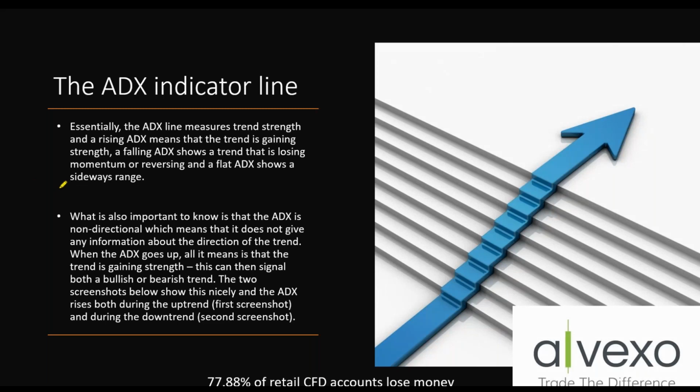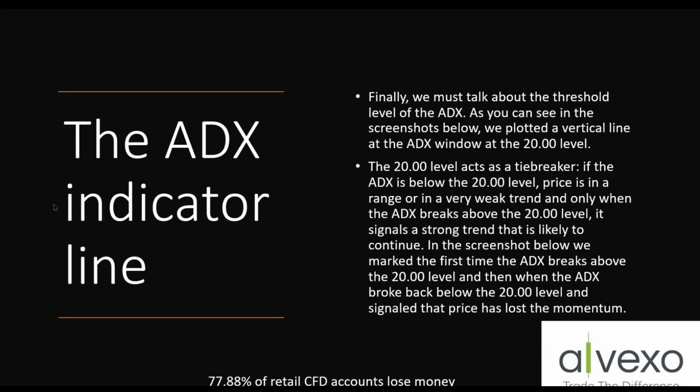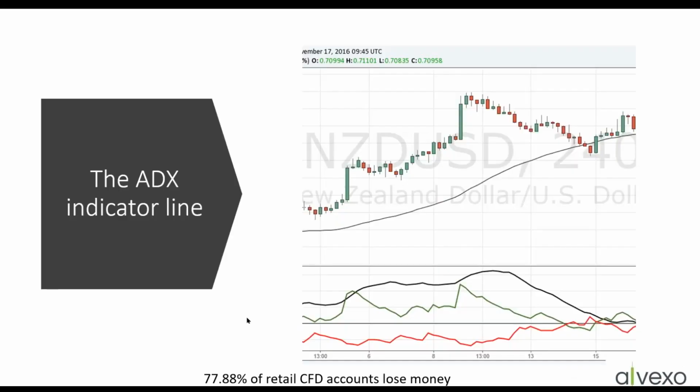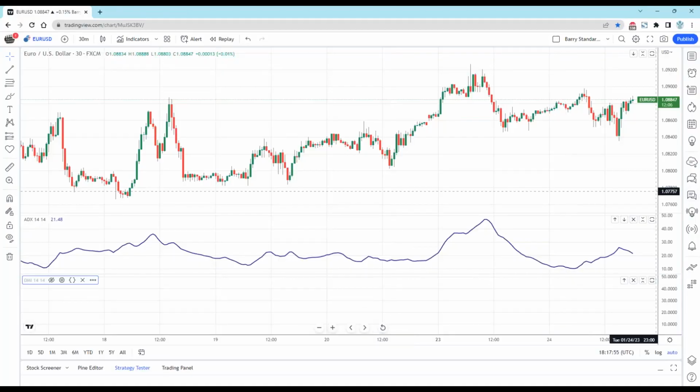So let me get my marker off here. Finally, we must talk about the threshold level of the ADX. As you can see, and I'm going to show you a screenshot in a second, we plotted the vertical line at the ADX window at 20. Or we can go back to my Euro US dollar chart. See the numbers over here to the right?